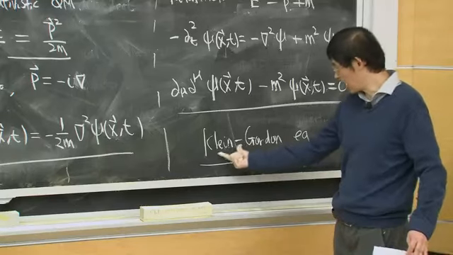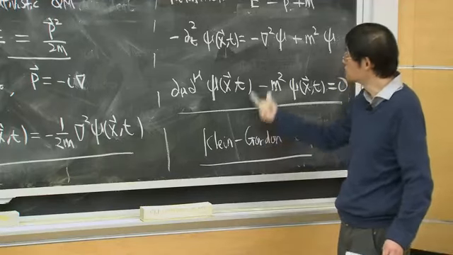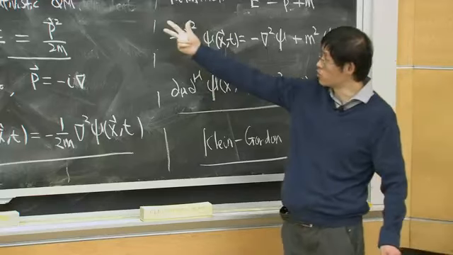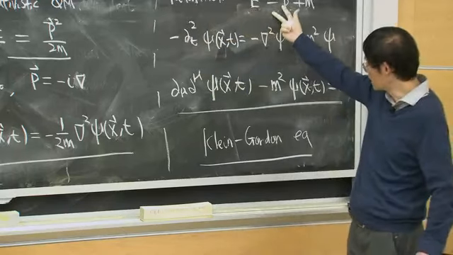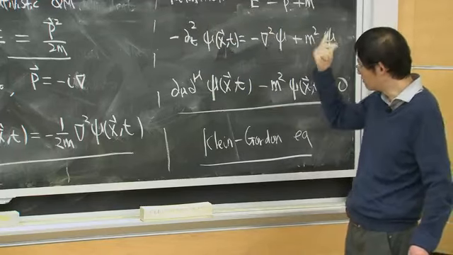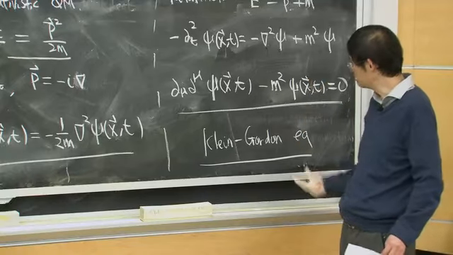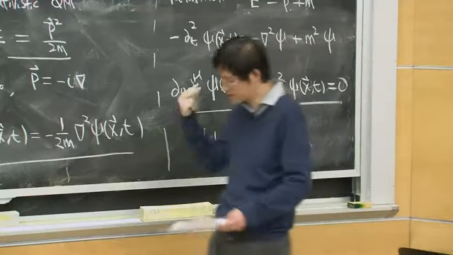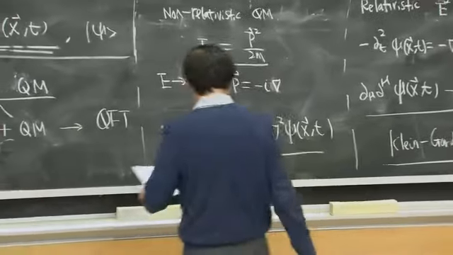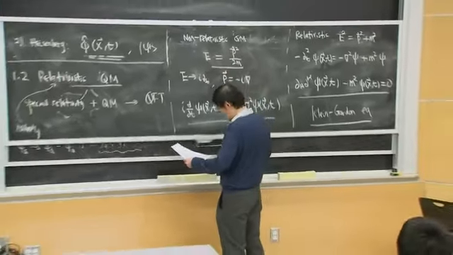So that's what Klein and Gordon did. They tried to generalize non-relativistic quantum mechanics to relativistic quantum mechanics, and they wrote down this equation. They said, now we are immortal, because we wrote down the first equation for relativistic quantum mechanics.